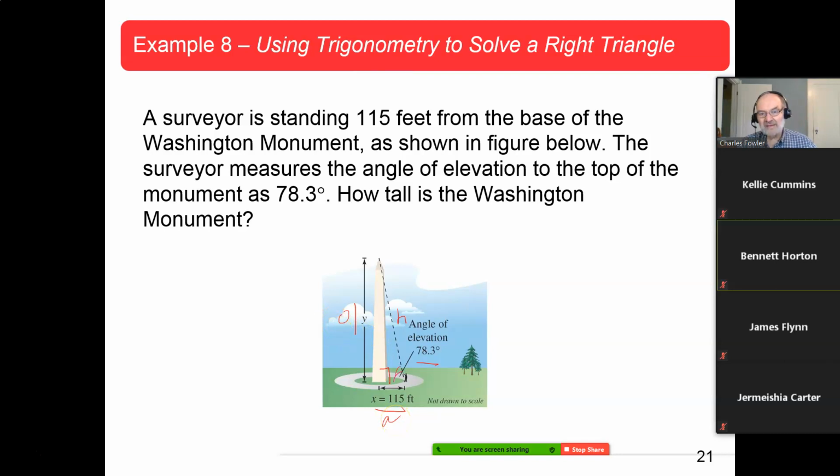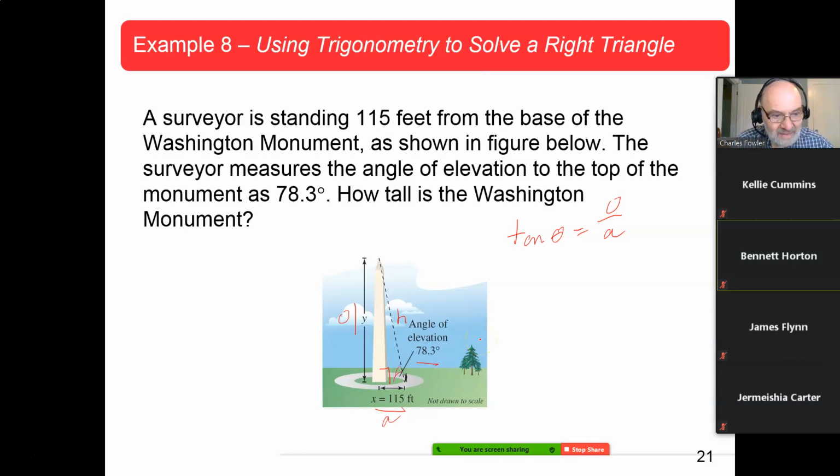Anybody? Isn't the tangent of some angle theta equal to opposite over adjacent? Please say yes.